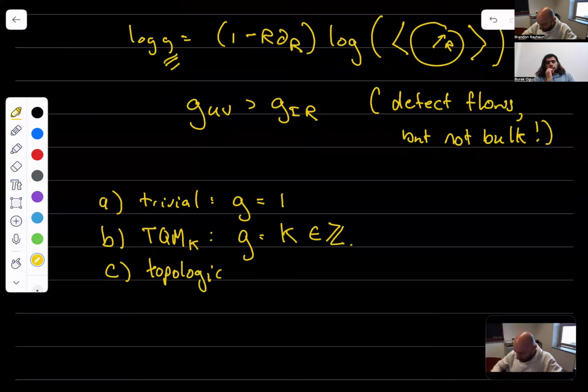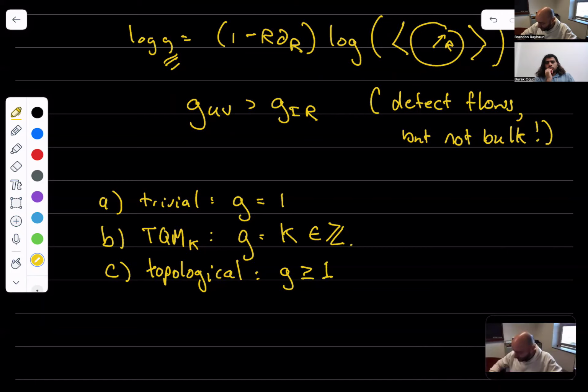For a topological line, G is sometimes called the quantum dimension, and it can generally be, I think, any real number. Well, it might need to satisfy some algebraic properties, but a priori, let's say it's any real number.